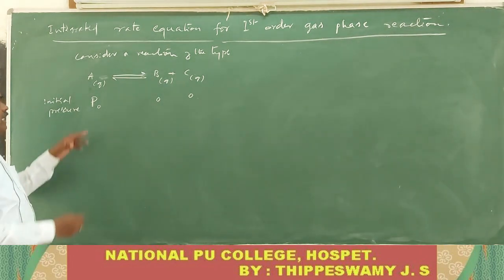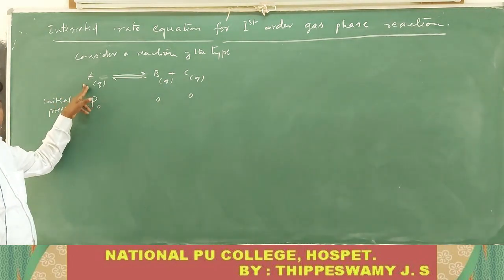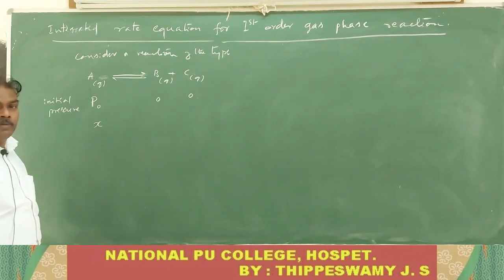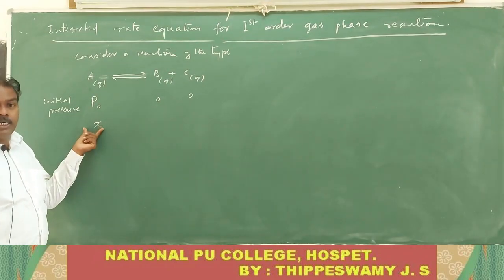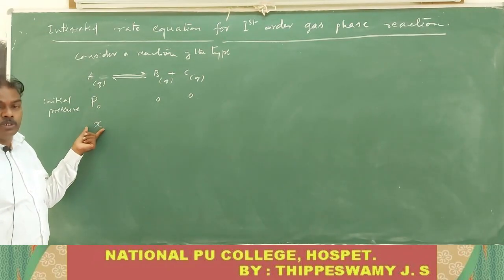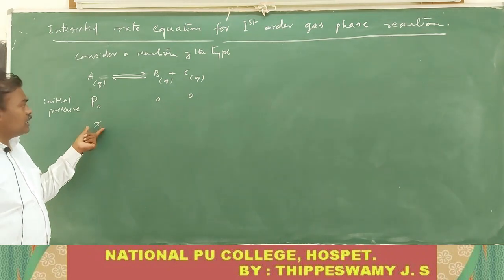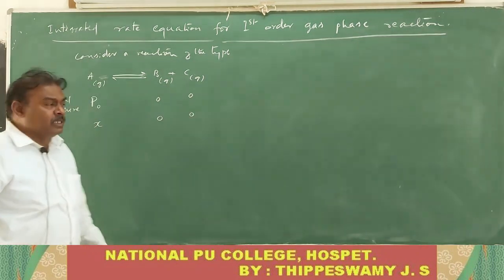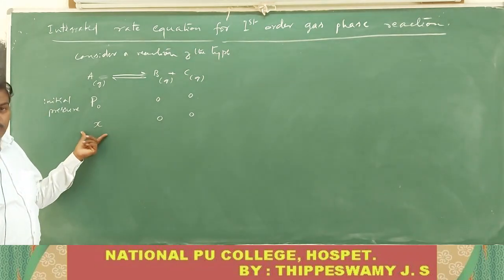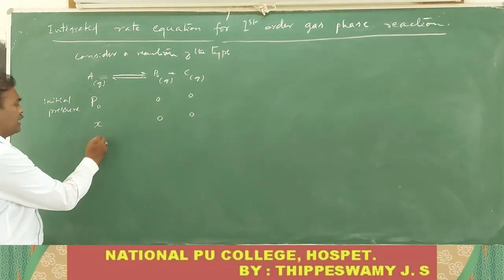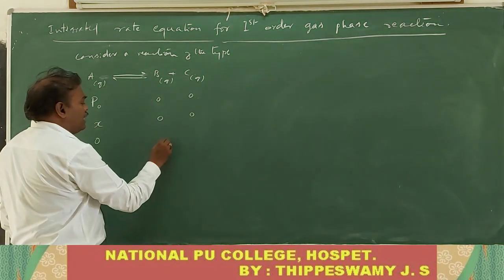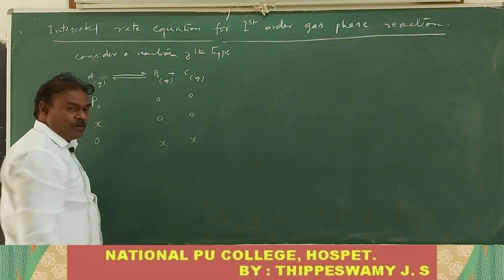Suppose X moles of the reactant is used, in terms of the partial pressure we are considering. So X is reacted. For B and C it is 0 initially. How much is formed? The reactant is not formed, only the product. For 1 mole of A we take 1x of B, and for C also 1x.